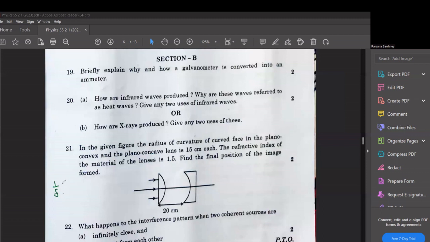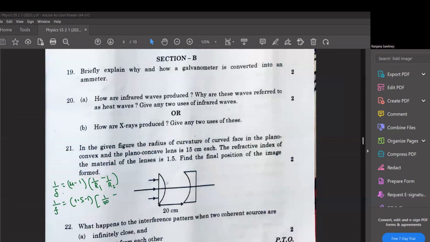1 by f1, or 1 by f, is equal to mu minus 1 into 1 upon r1 minus 1 upon r2. For a plano-convex lens, we are finding out the focal length. Mu given here is 1.5. r1 is the radius of curvature of the first surface, which is a plane surface, so r1 is infinity.